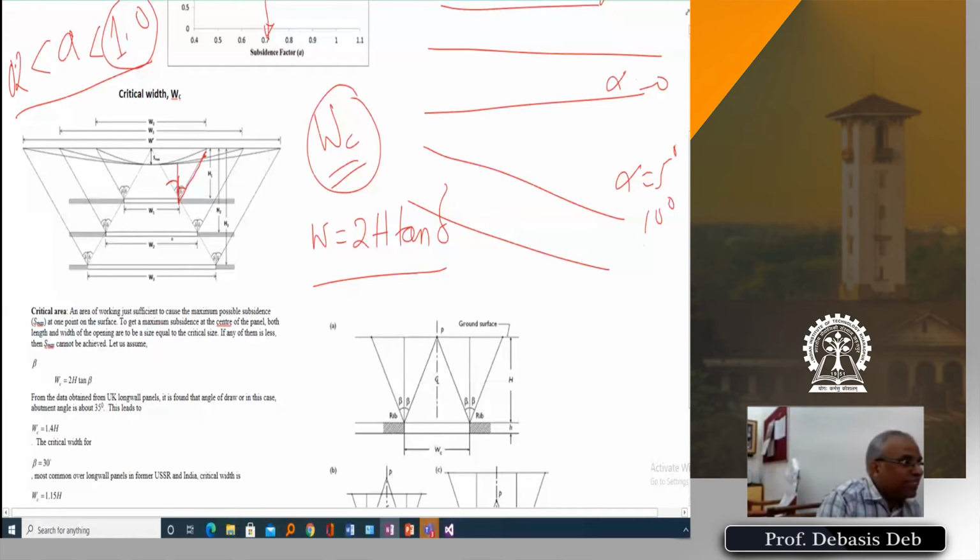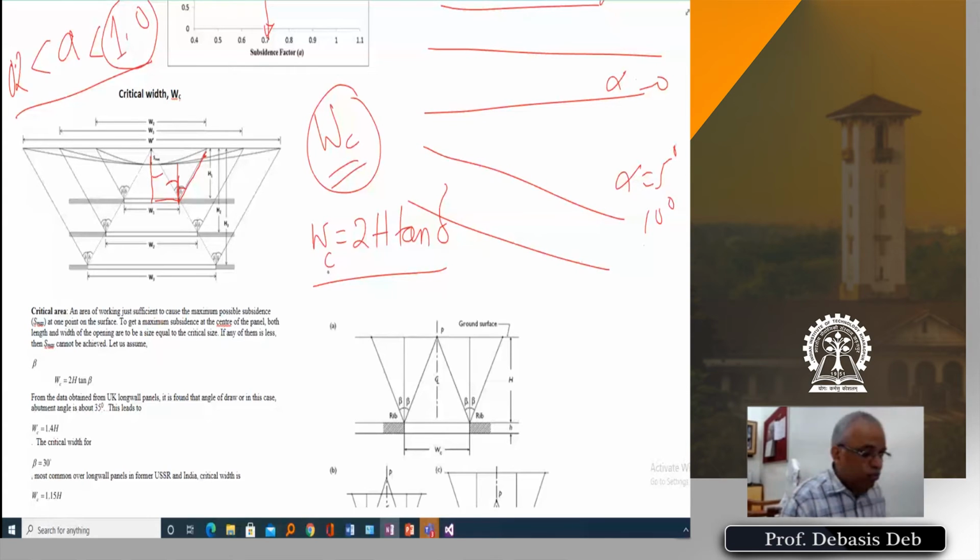This is the H, so this is delta, so this is H tan delta, so W will be coming to this. This is my critical width. And if this is the case, then we call it a critical subsidence.